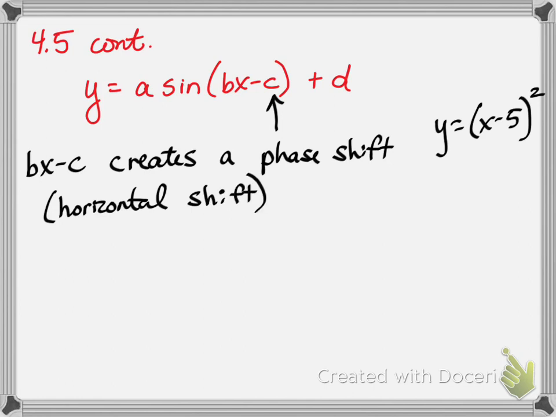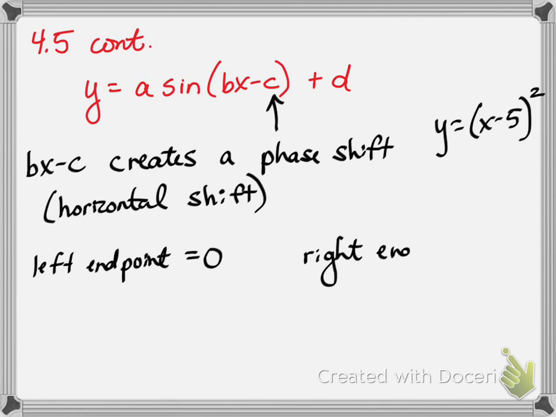Normally, when I graph one period, the left endpoint, or where I begin, is at 0, and the right endpoint, or where I finish graphing, is at 2 pi, or at the end of my period, however long the period is. So this is going to create a phase shift, though. It's going to shift it left or right so that we don't start at 0.